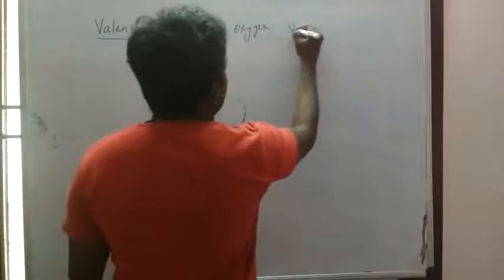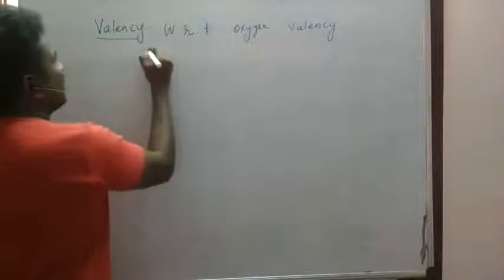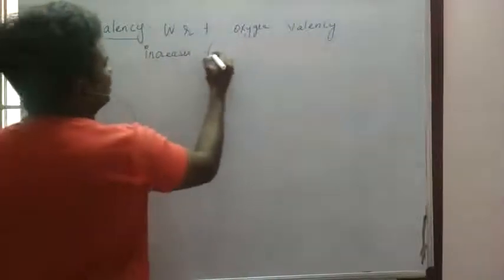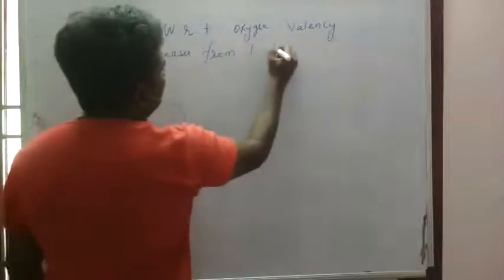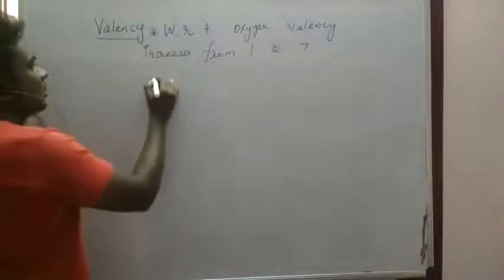With respect to oxygen, valency increases from 1 to 7. You have to understand well, please listen well.